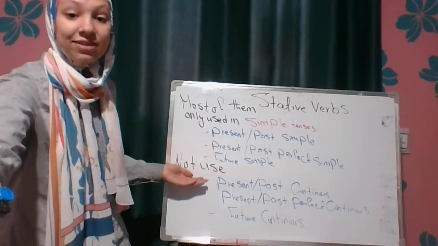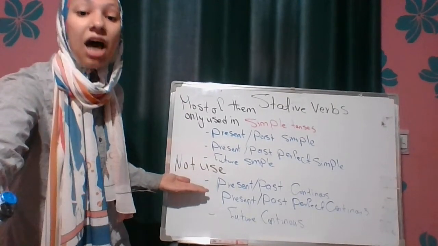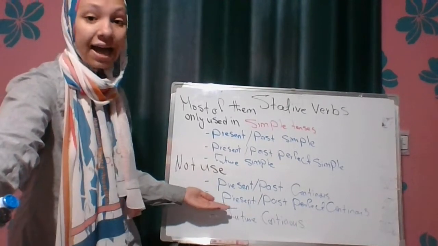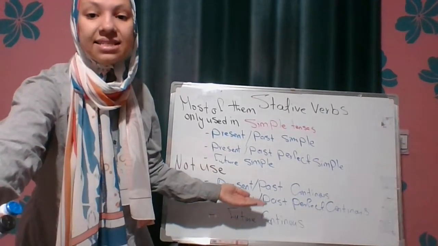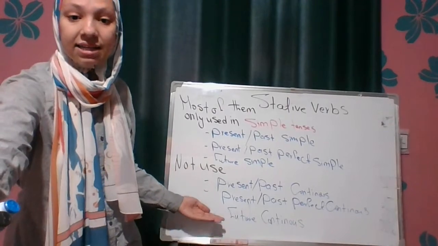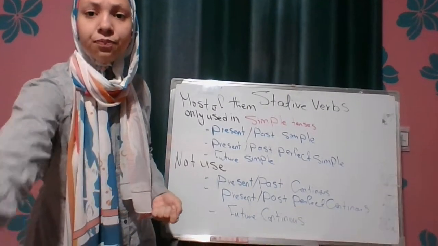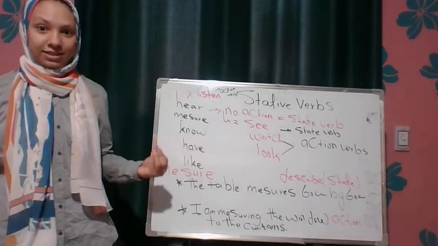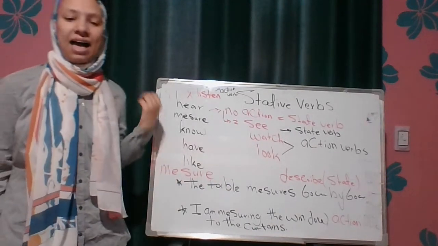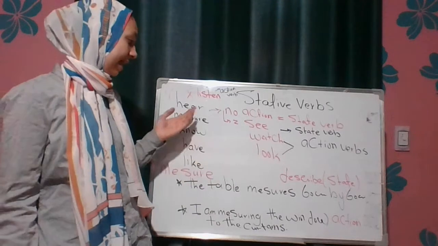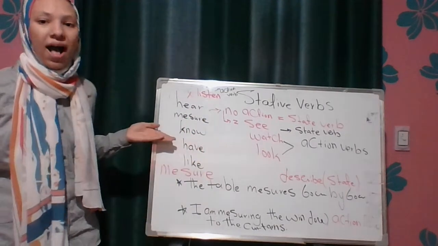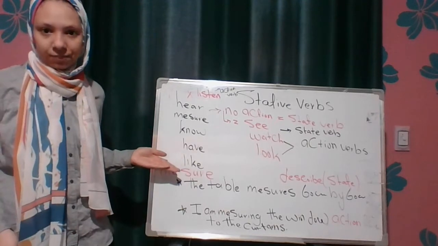And they will not be used in the present and past continuous, present and past perfect continuous, and the future continuous. Some examples of stative verbs are hear, measure, know, have, and like.